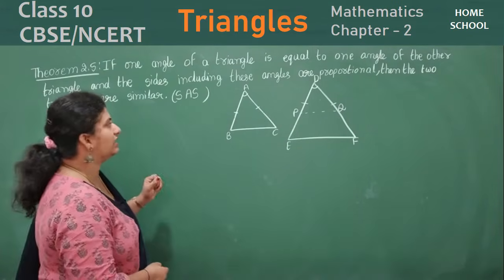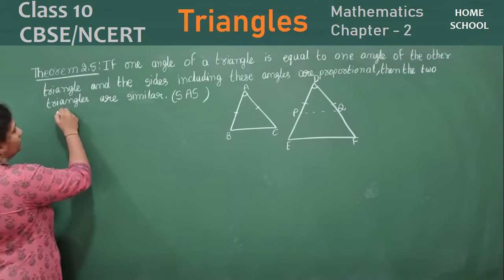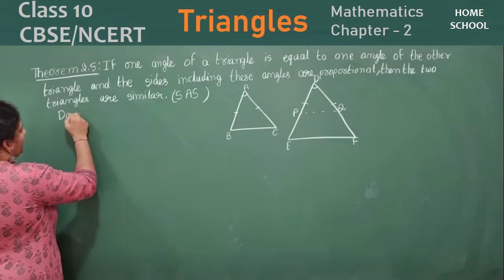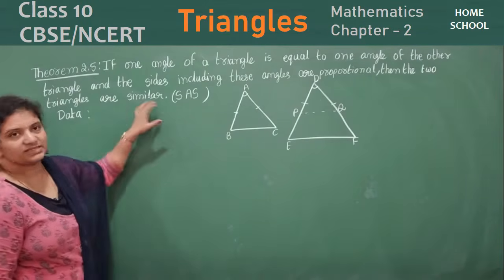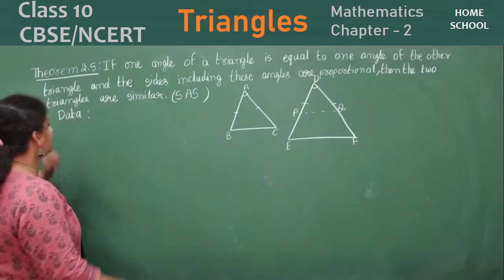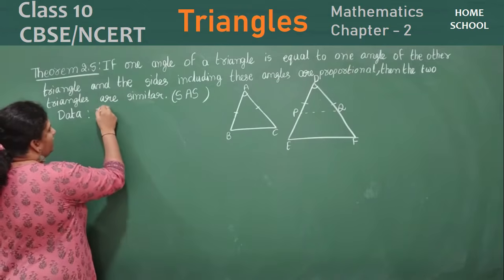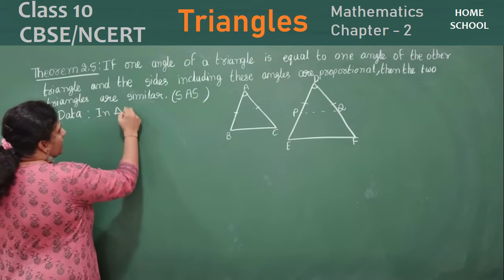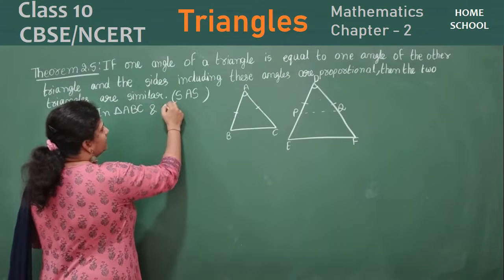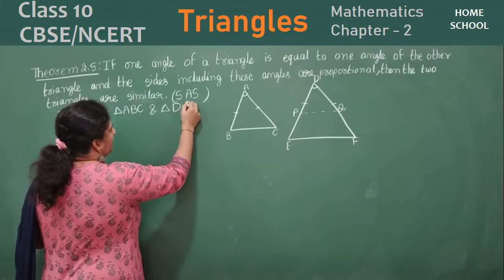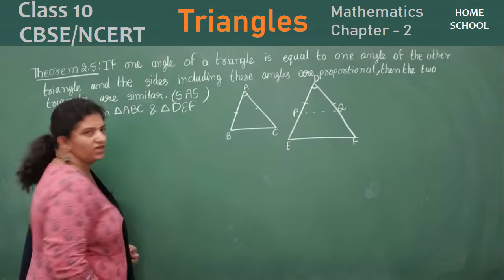So let's start here. What we are going to do here? Data. The two triangles are similar, you need to prove, right? Data. What is the data given? In triangle ABC and triangle DEF. Okay.